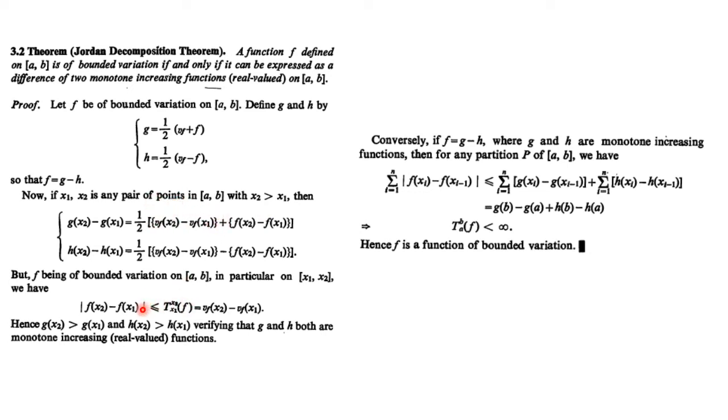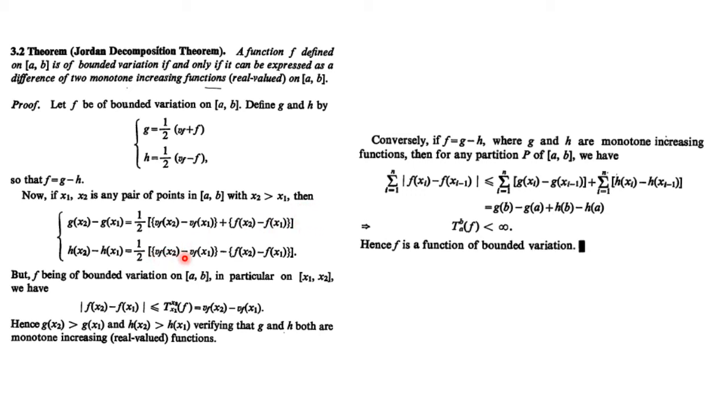Because this is greater than or equal to the modulus. So this number is always greater than or equal to this. Now whether this number is positive or negative, since this number is positive and greater than this number, clearly this value will be greater than or equal to 0.